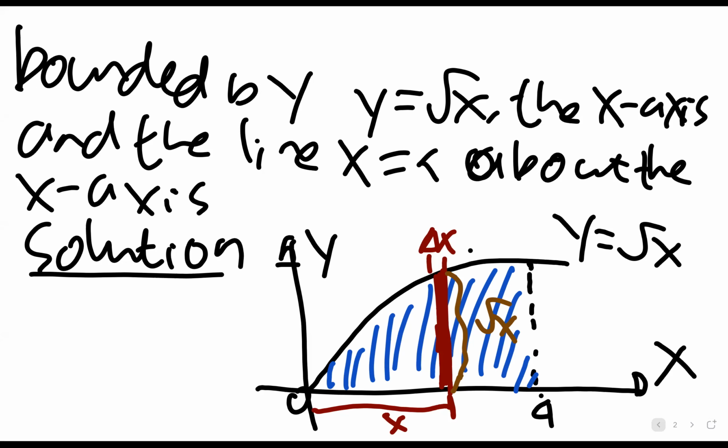Now, we sketch the region first, and then consider a thin piece of the region, and assume that its width is delta x, and the distance from 0 to this thin piece is x. And of course, since the formula is y equals square root of x, the length of this piece is square root of x.